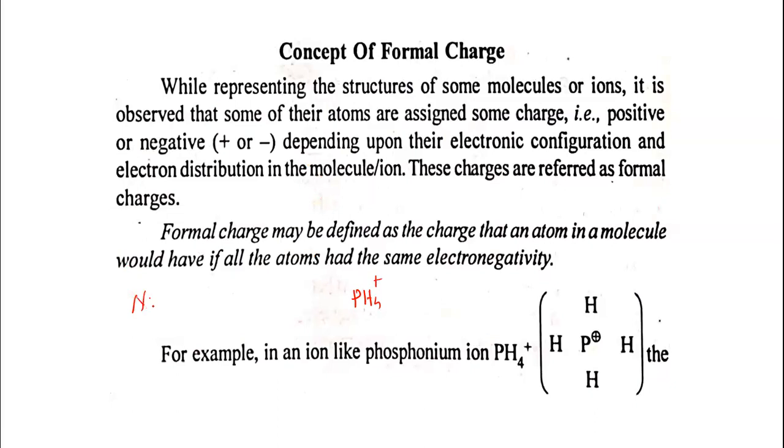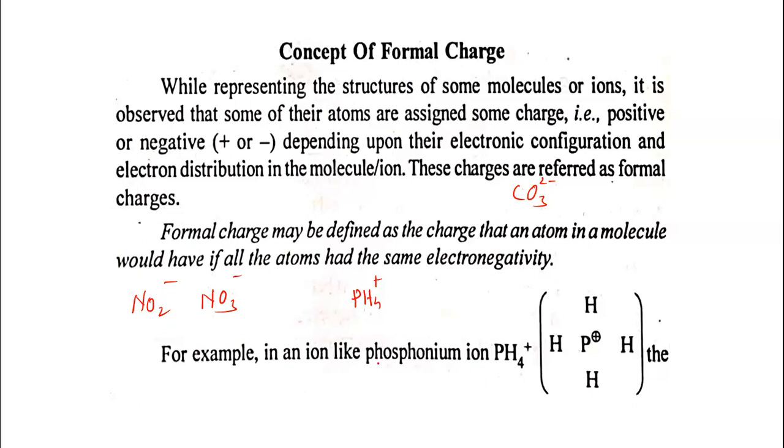You can take another example also, NO3 minus, the nitrate ion. The formal charge is negative there. So why is this negative charge developed there? One of the atoms should have the negative charge. Now let us take another example, the carbonate ion, CO3 2 minus. The formal charge on this is 2 negative, but one of the atoms should have such a negative charge.